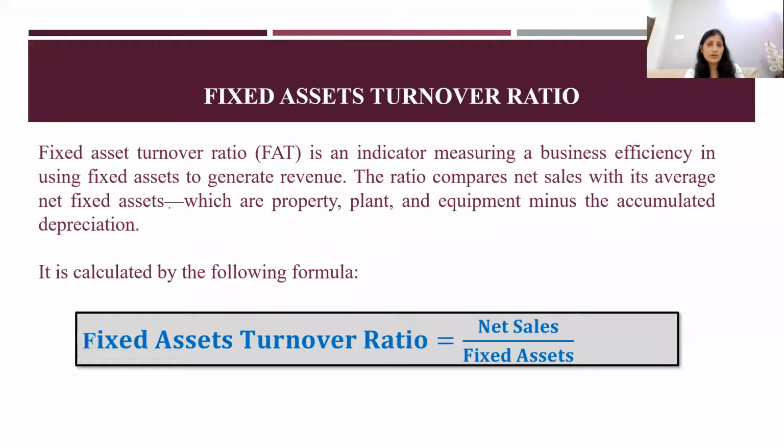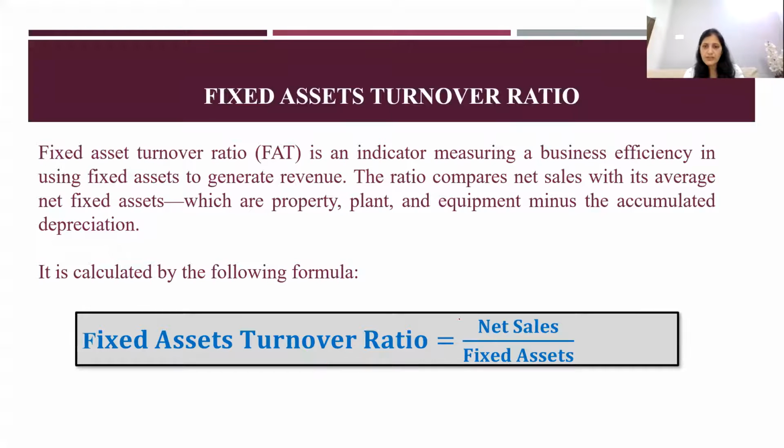Fixed assets means what all of you know, the property, plant, machinery, building, equipment, etc. minus the accumulated depreciation. Remember, while finding out the net fixed assets, all the fixed assets minus the accumulated depreciation.